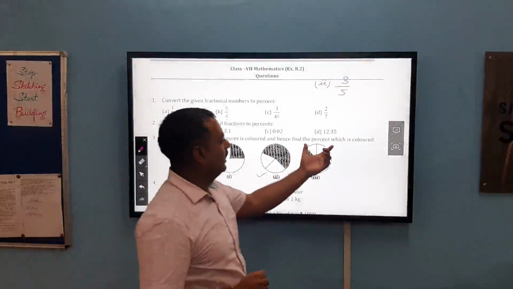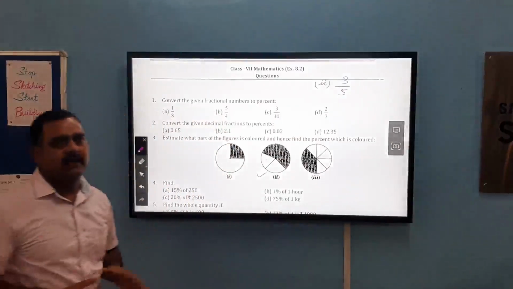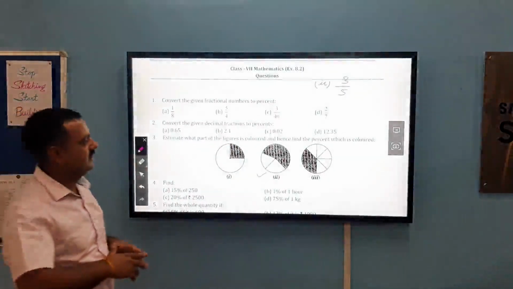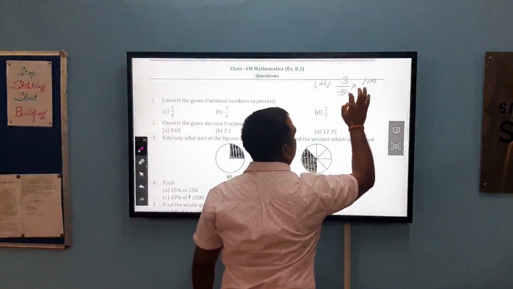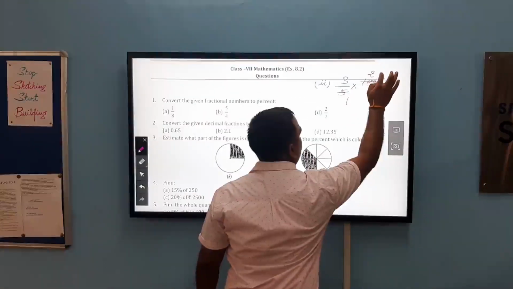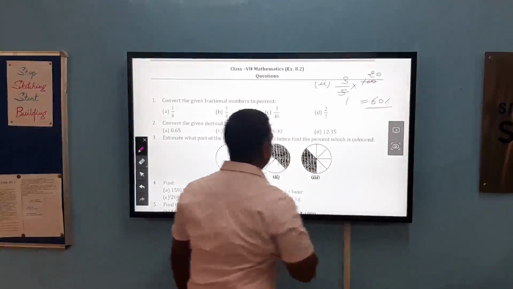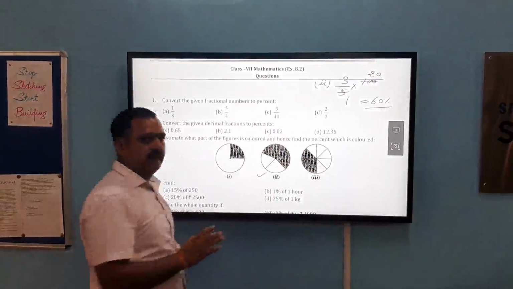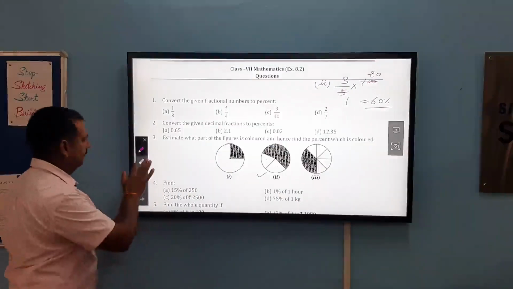Now, if we want to change it into the percentage, then simply we multiply it by the 100 and get the desired result. That is 60%. It means 60% of the figure is colored and 40% of the figure is not colored.